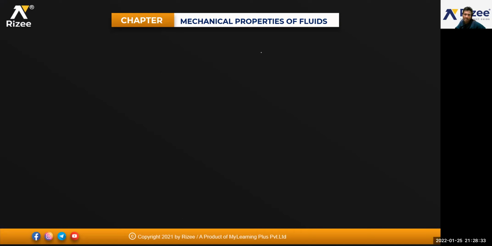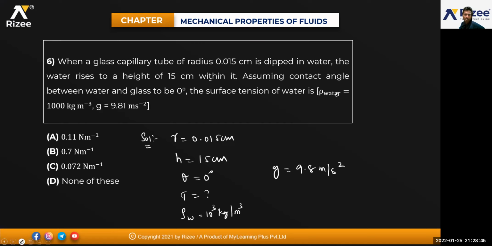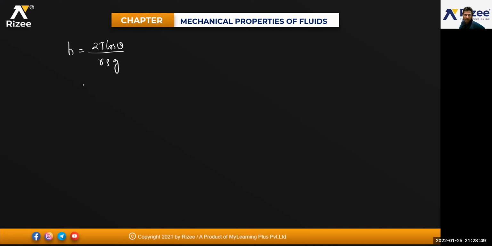Nandini, what is the formula for surface tension, beta? h is equal to 2T cos theta by r rho g. The problem is asking us to calculate the surface tension of the water. That means T. So T will be equal to how much? Surface tension T is equal to h into r into rho into g divided by 2 into cos theta.